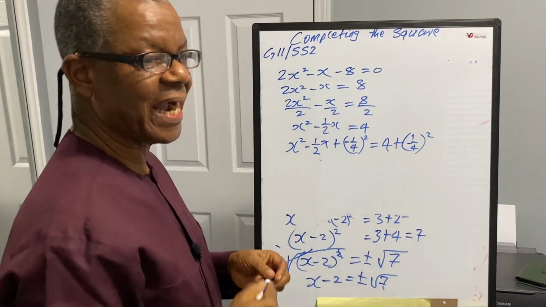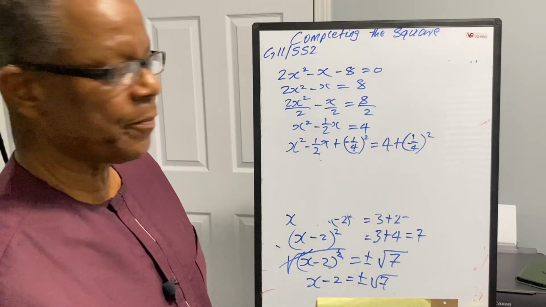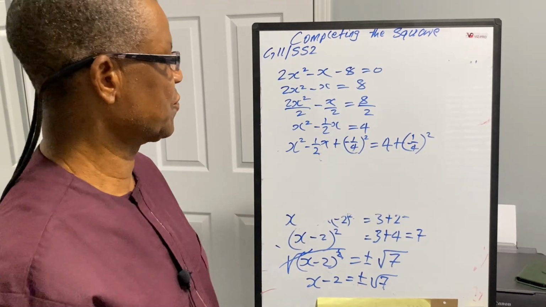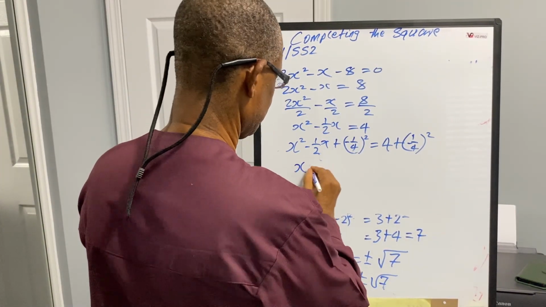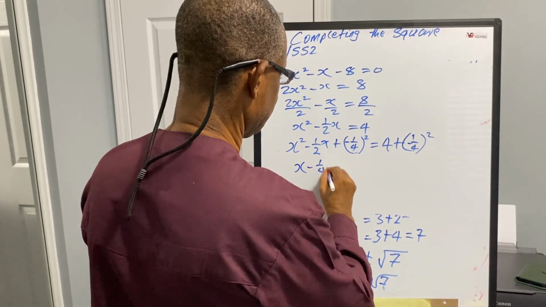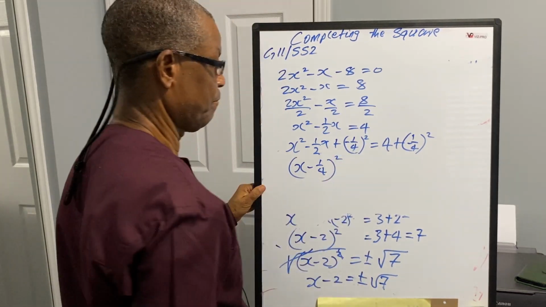I told you that the half of a fraction is the denominator times 2. So 2 times 2 is 4. So we now have our (x minus 1 over 4) all squared.